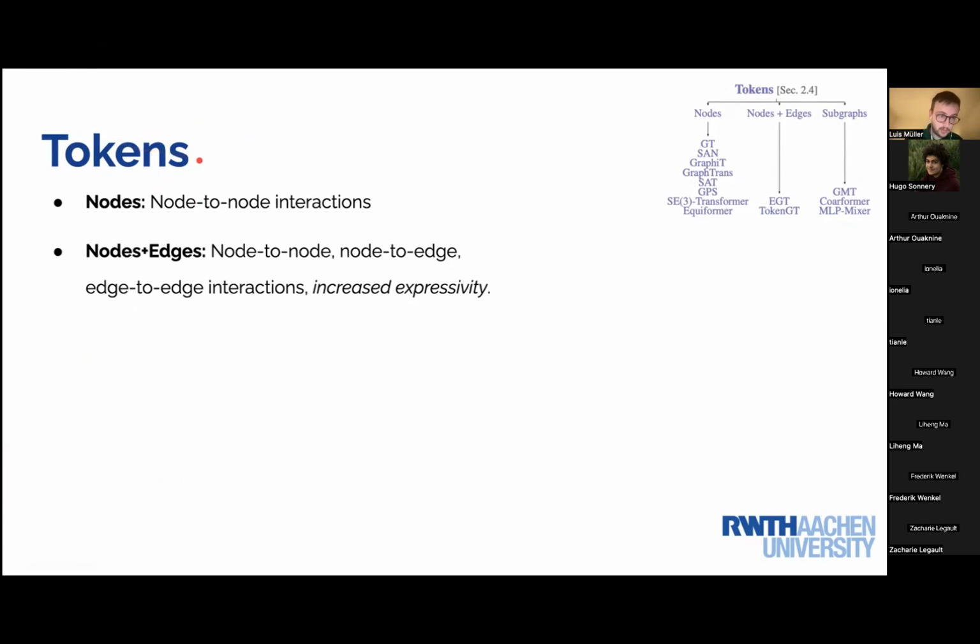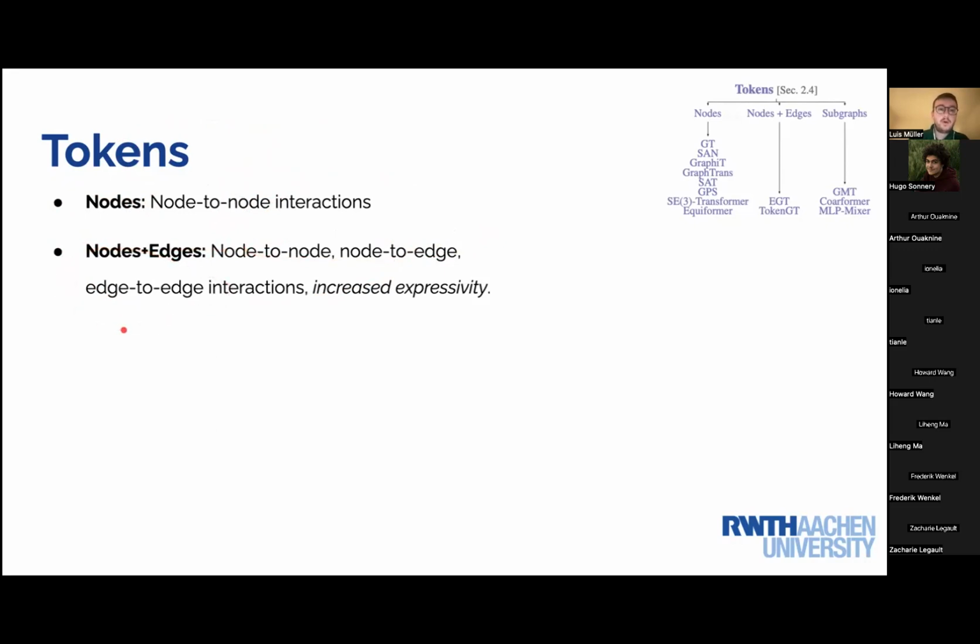By the way, remember also that the token type determines the kind of interactions that we can have. And this might also be task dependent. On one task, it might make sense to have, going back to the molecular example, nodes interact with nodes. In other tasks, it might be better to have edges interact with nodes, for example, certain bond types with the corresponding atoms.